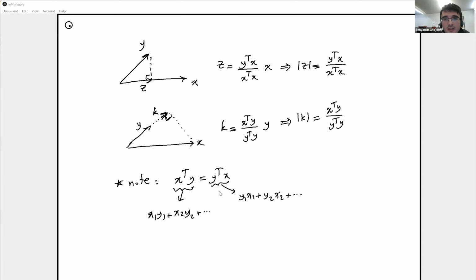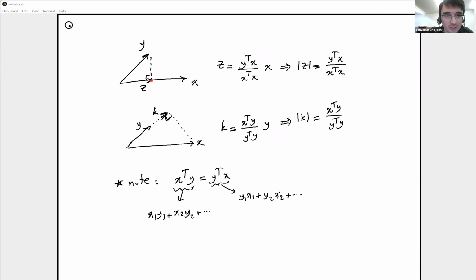Okay. So I said that the inner product is related to the length of the projection, but that's true when the vectors are normalized to have length 1. In the general case it's this. When we project a vector y on vector x, we'll have vector z.